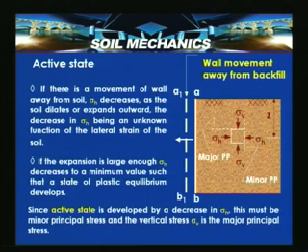Here, with the surface being horizontal, this is the major principal plane and this is the minor principal plane. When sigma h reaches the active state, the horizontal stress becomes sigma a, the minimum value where it has attained a state of plastic equilibrium.